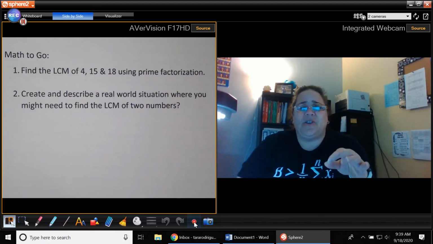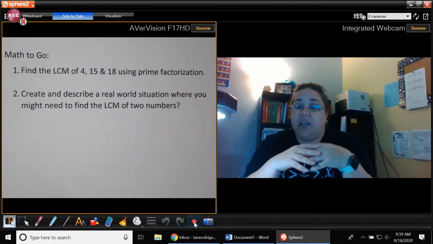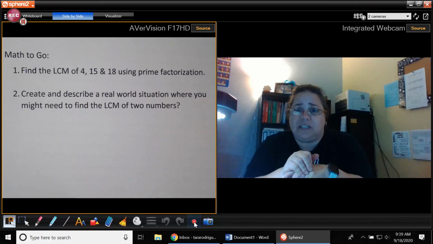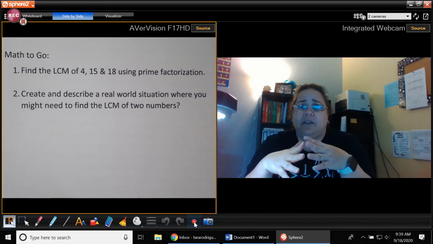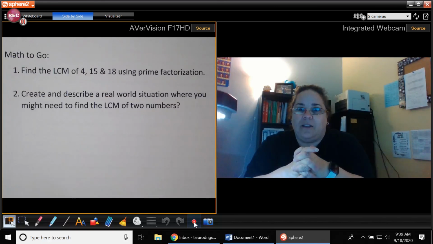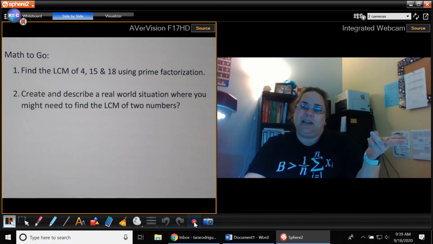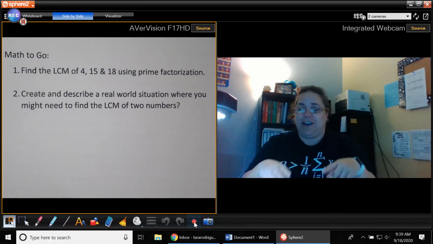This is how you're going to show me that you understood what we were doing in our lesson, okay? This is going to show me that you've met the lesson objective because you understand how to find the LCM of two numbers. So look at what I did. I'm tricking you up and I give you 3 numbers to find because I figure if you can find 2, you can find 3, all right?